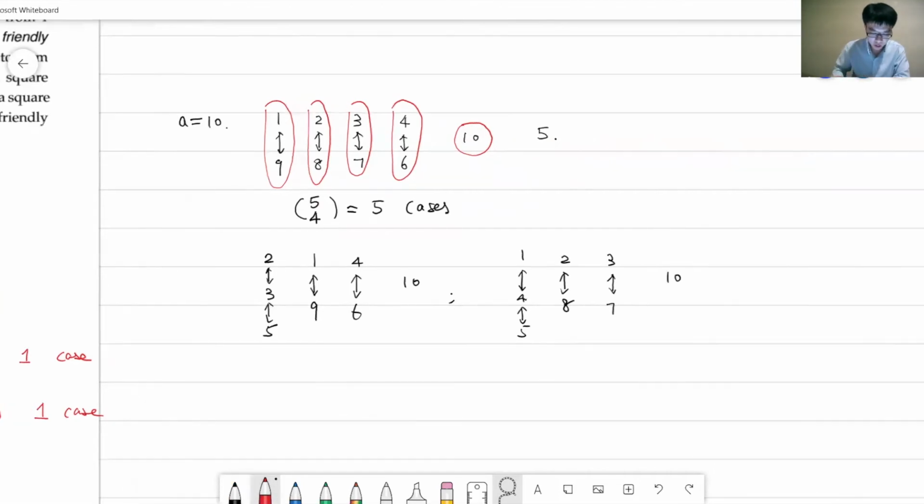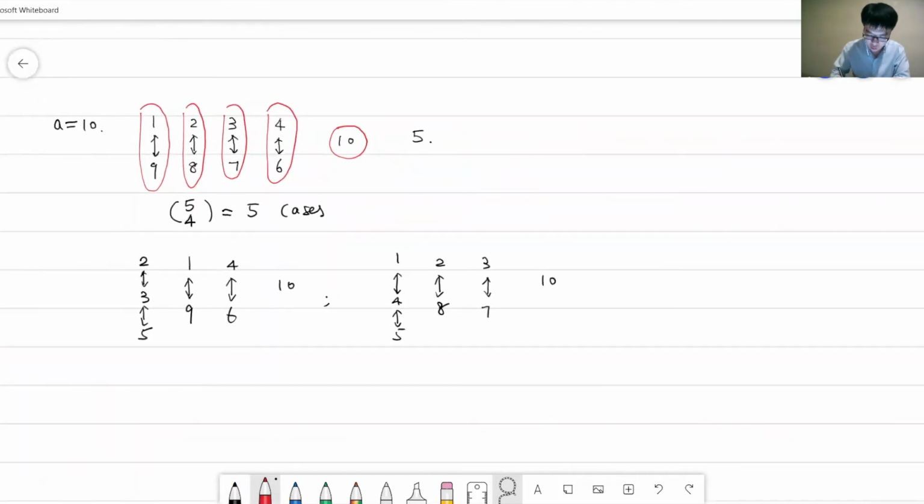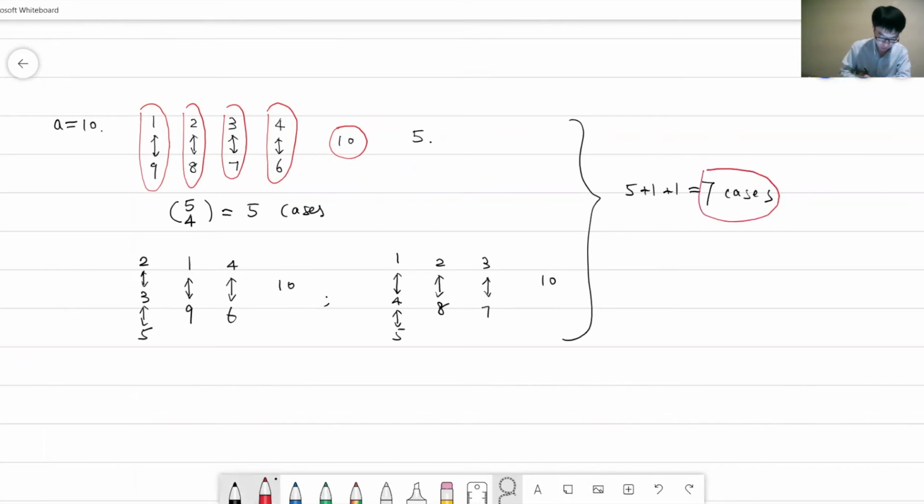So totally, if the side length equals 10, we have 5 plus 1 plus 1 equals 7 cases. That's for A equals 10.